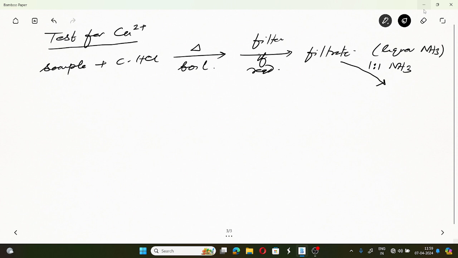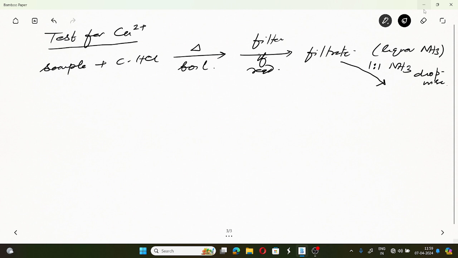When you are adding ammonia, it should be added drop wise. It's very important, and the dropper has to be clean, otherwise it will contaminate. So you have to clean the dropper properly.